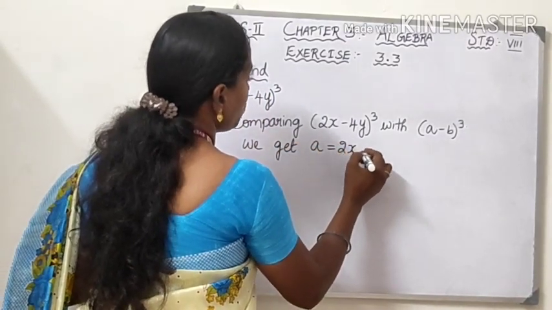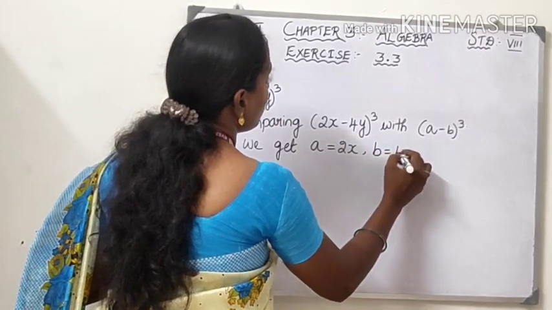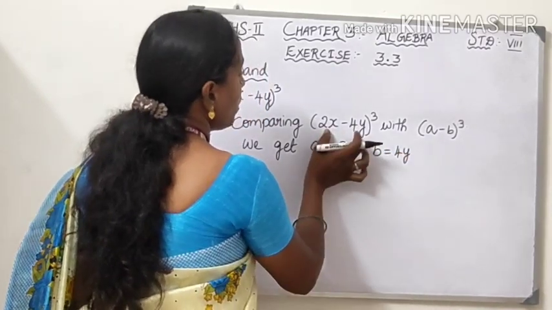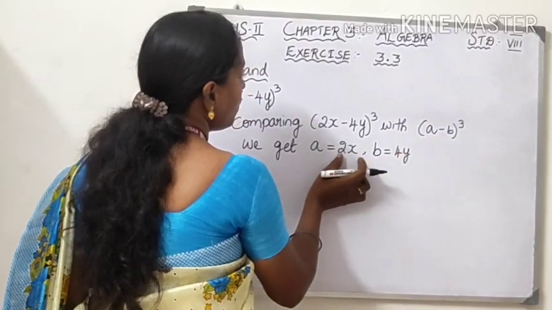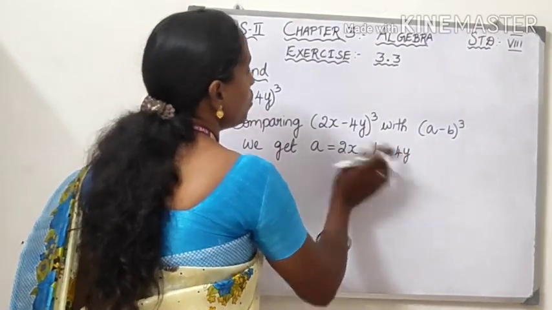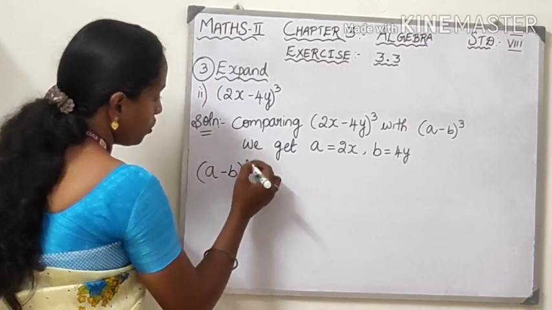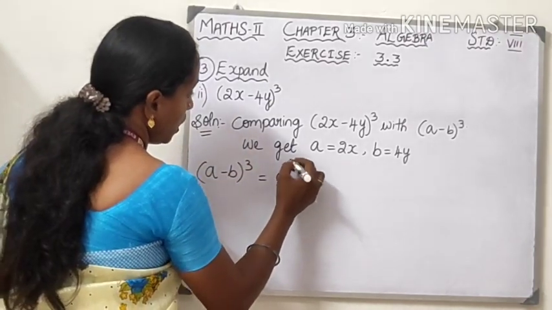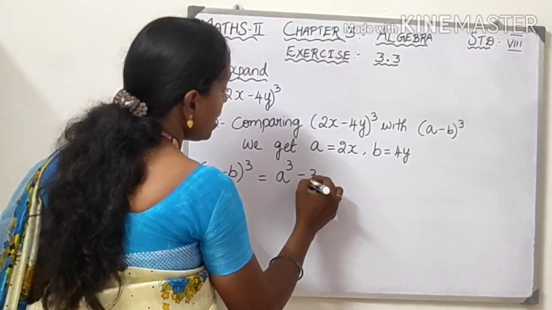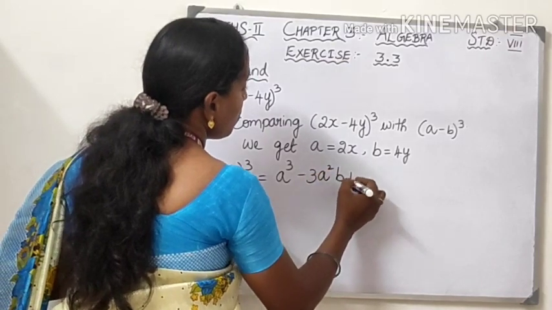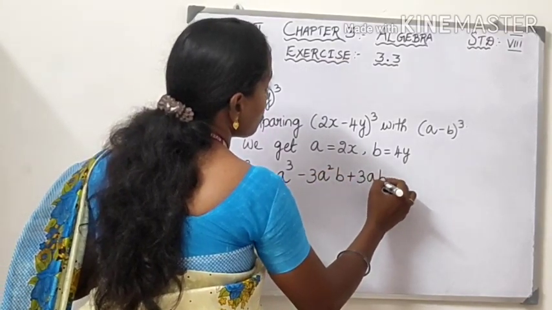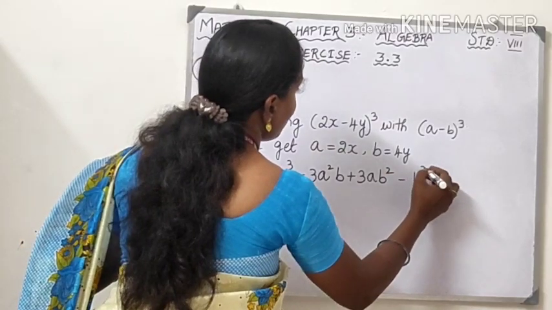A is equal to 2x. What is the value of B? B is equal to 4y. Now the identity A minus B the whole cube is equal to A cube minus 3A square B plus 3AB square minus B cube.